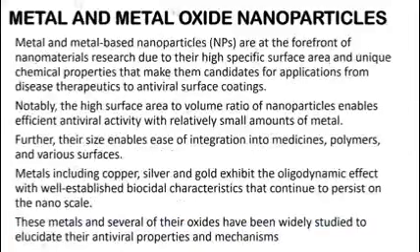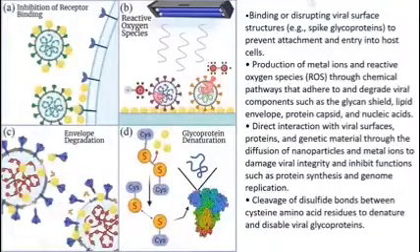For example, metal and metal oxide nanoparticles are very common materials used. I'm not going to read all these things, just to show you that these particles have very inherent properties. Using them, you can develop various things like inhibition of receptor binding. So these nanoparticles inhibit the spike proteins binding onto your cells.